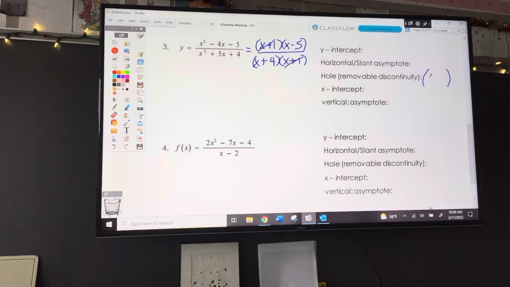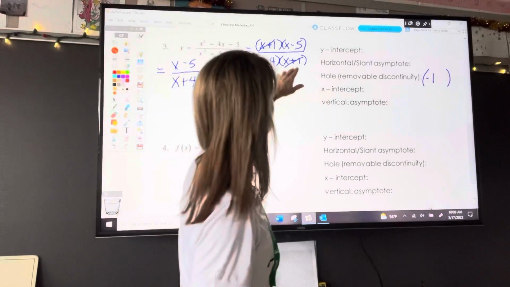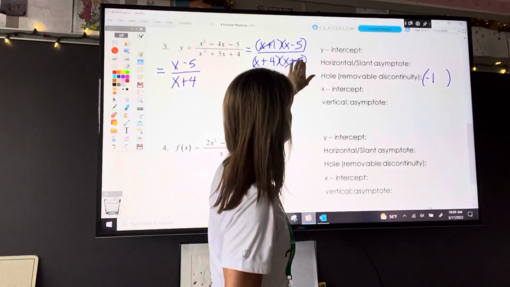Our x coordinate for our hole is negative 1. I'm going to rewrite this equation over here. That's what's left once I remove the x plus 1 in the numerator and the denominator. So now our hole, or our removable discontinuity, has an x coordinate of negative 1, because negative 1 plus 1 makes this 0.